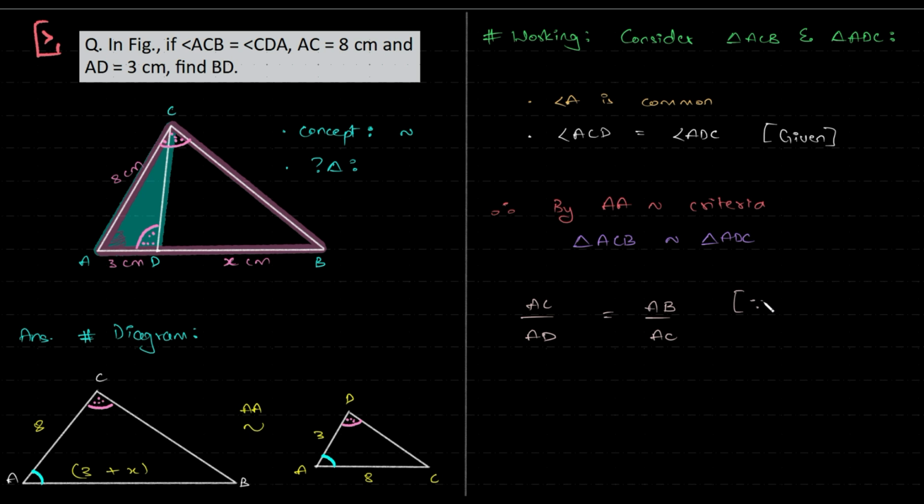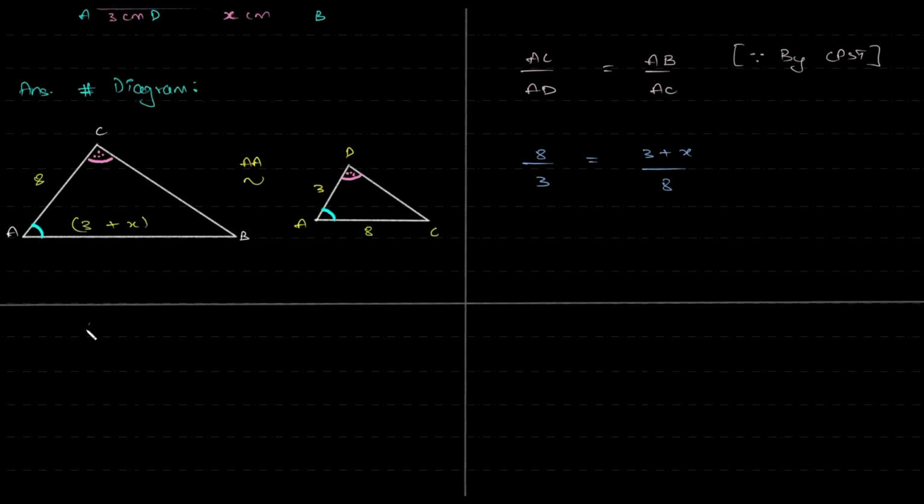How is that? Because of CPST. And at last we have AC is 8, AD is 3, AB is 3 plus X, and AC is 8. Cross multiply and all of that, we have 64 is equal to 9 plus 3x.